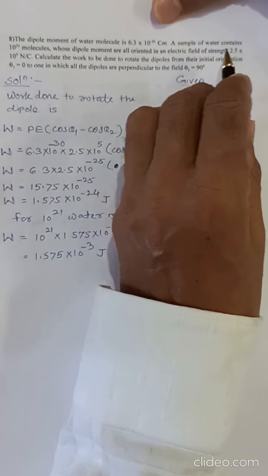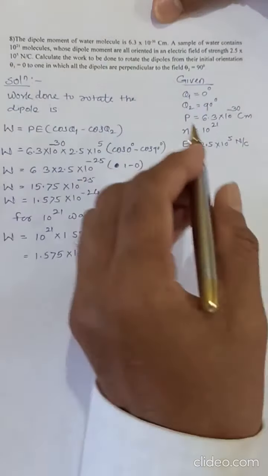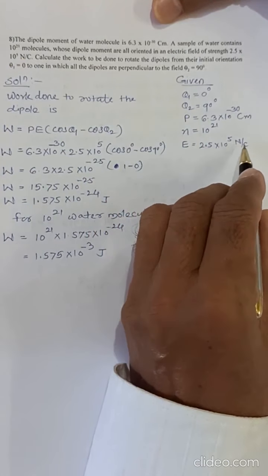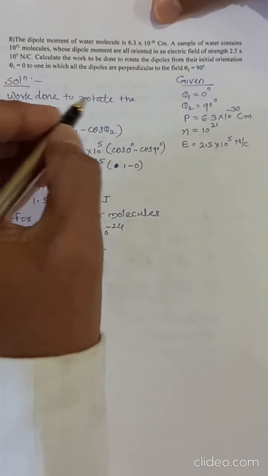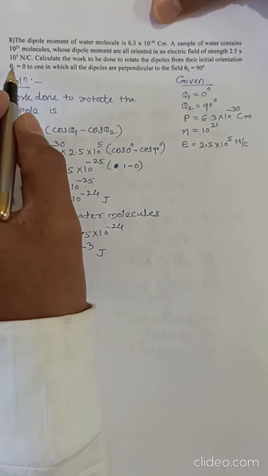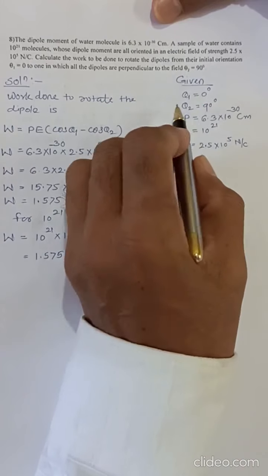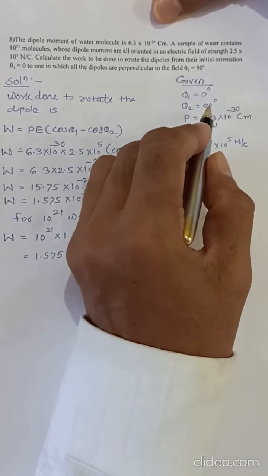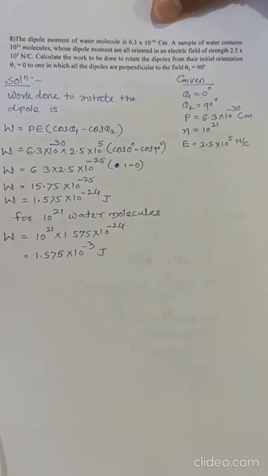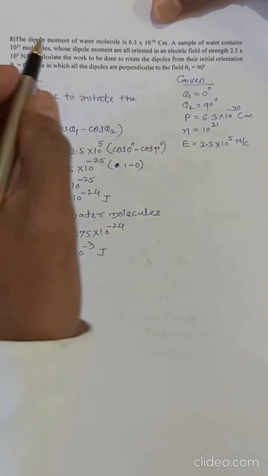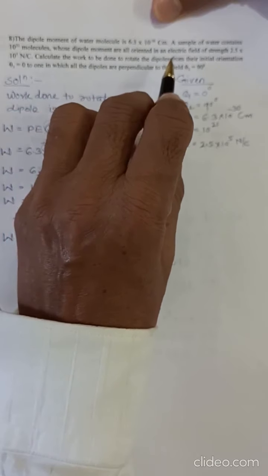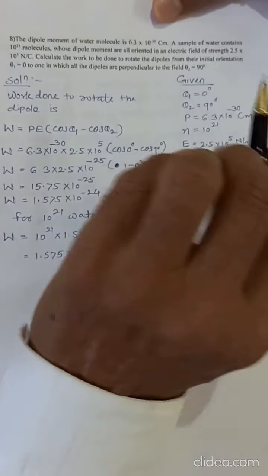Next, electric field of strength 2.5 into 10 raised to 5 Newton per coulomb, E is equal to 2.5 into 10 raised to 5 Newton per coulomb. And the rotation, theta 1 is equal to 0 and theta 2 is equal to 90 degree. The required quantity is to calculate the work to be done to rotate the dipole from one position to another position.